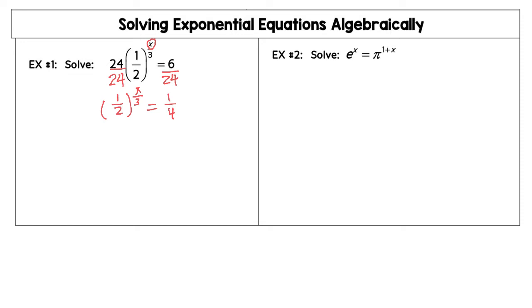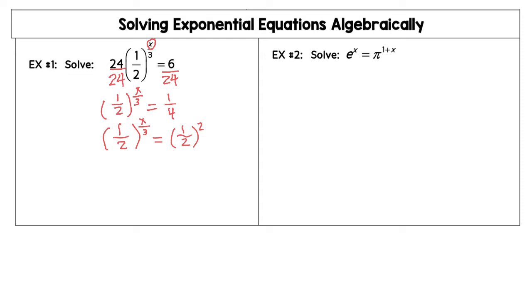I can't change 1/2 to 1/4 without changing the value. However, I can say that really 1/4 is 1/2 squared. I didn't change the value of the term, I just changed the appearance of the term.